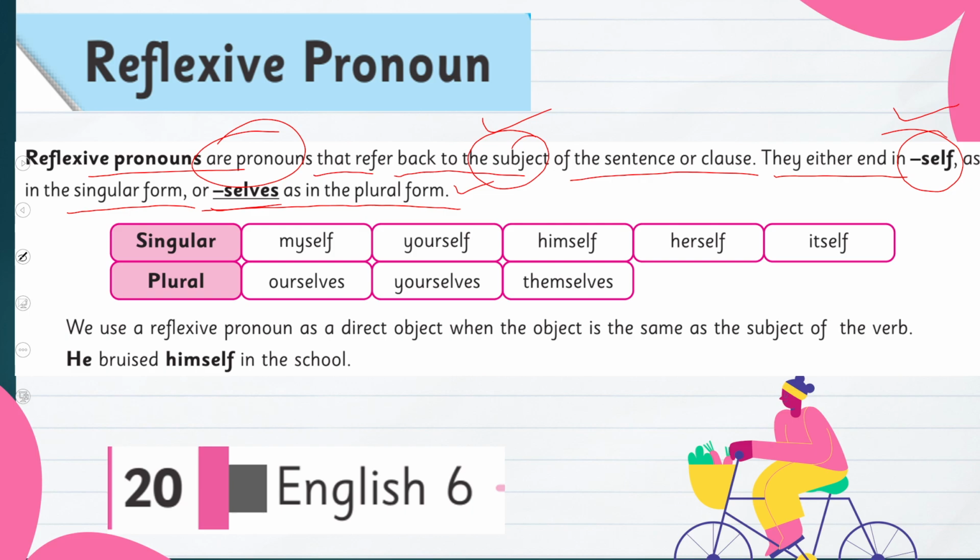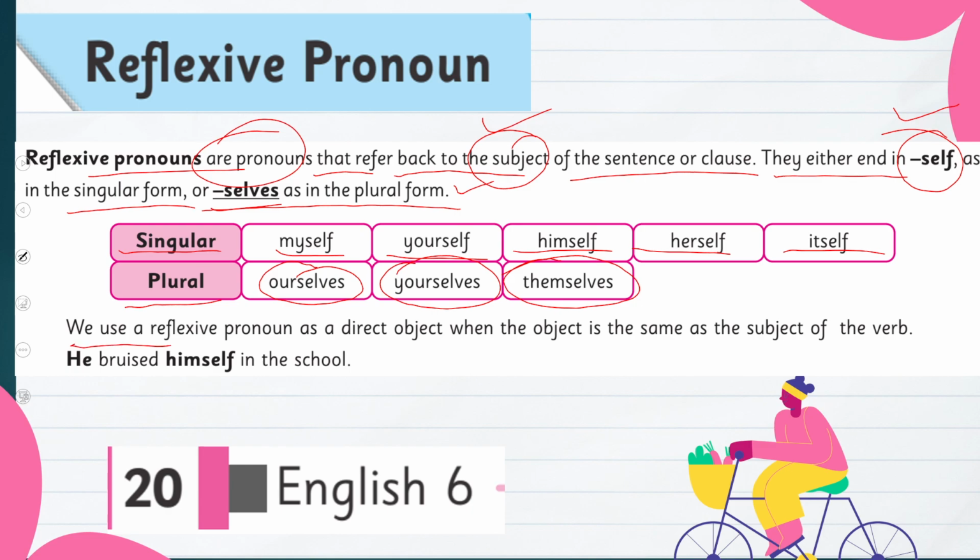Now, let's look at this table with singular reflexive pronouns. In the singular form, we use myself, yourself, himself, herself, or itself. Now, for plural forms, we use ourselves, yourselves, and themselves.